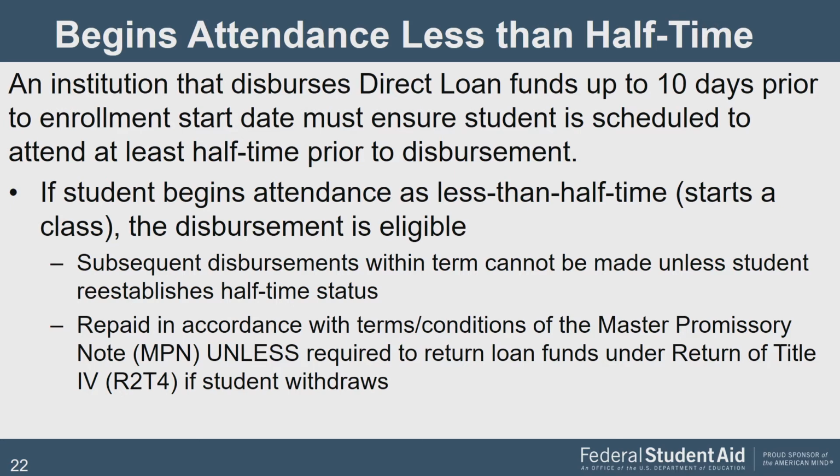If they begin attendance as less than half-time students, any subsequent disbursements cannot be paid. That first disbursement that was made will be paid back according to the regular standard rules. You notify the servicer and let the servicer get in touch with the student to handle that direct loan. But any subsequent disbursements cannot be paid unless that student adds more classes to become three-quarter time or full time.